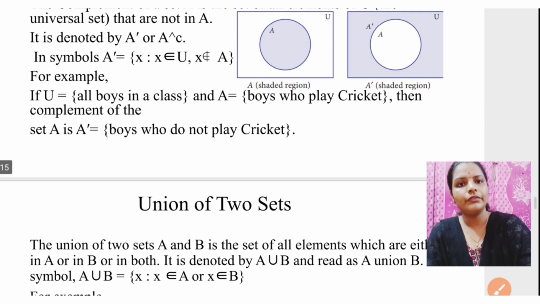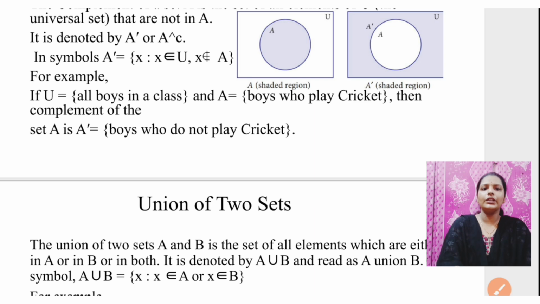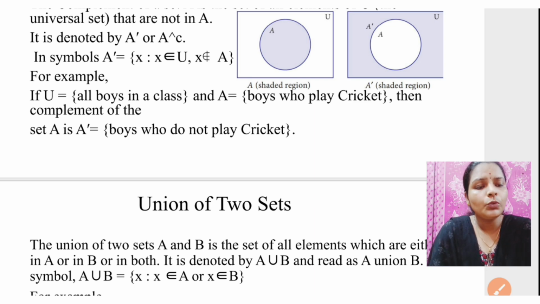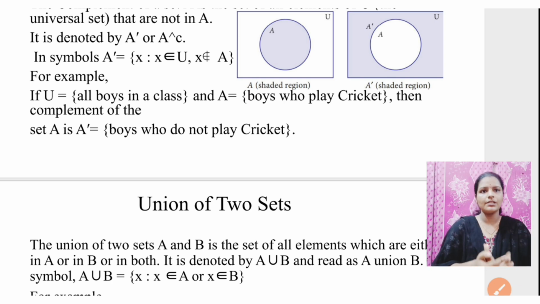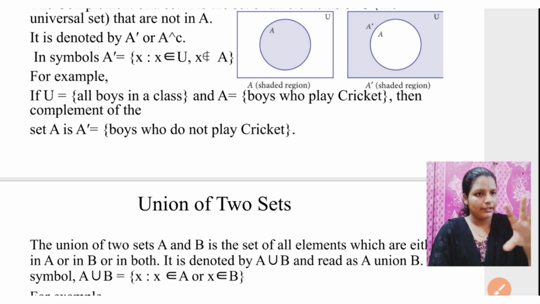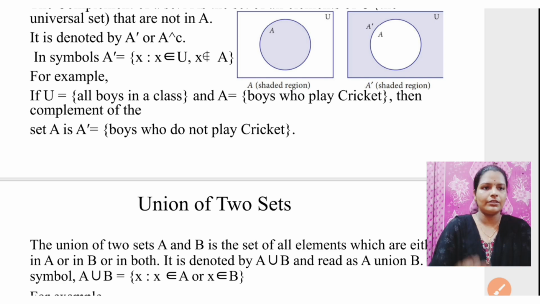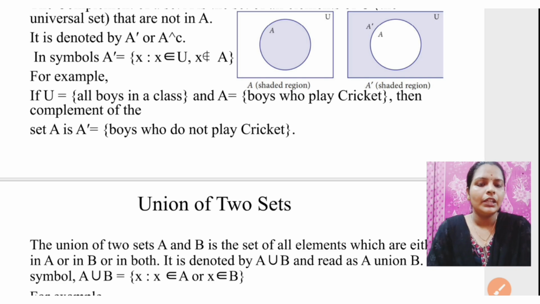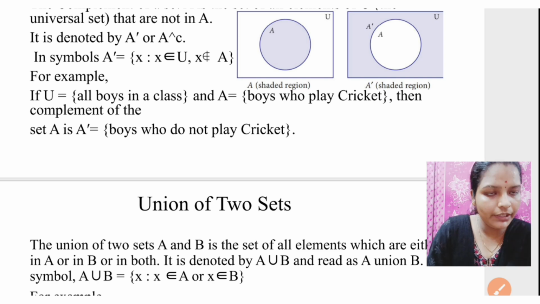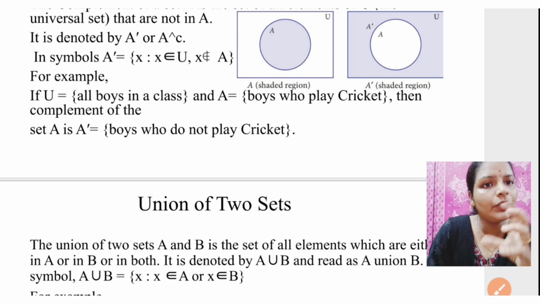For example, U equals all boys in a class, and A equals boys who play cricket. To find the complement of set A, A dash, we omit the set A from the universal set.